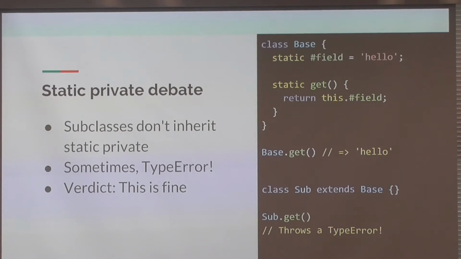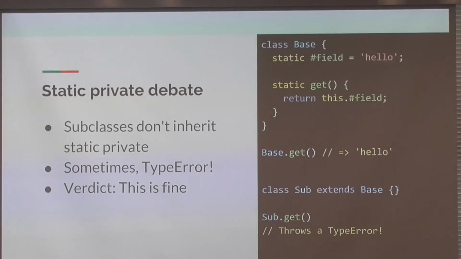There was a debate about static private. In particular, if you have a class that has a static field on the class, static means that the field or method is a property of the constructor rather than a property of the instance. We could make this static method Base.get, which will get that private field. But if you make a subclass, then this static method Sub.get will try to get this #x field on Sub.